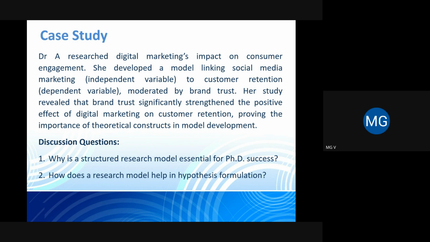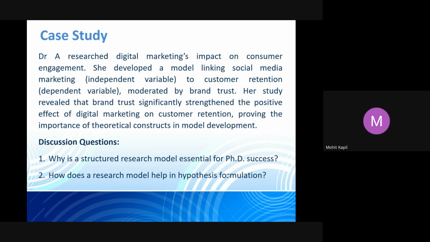Basically, a structured model ensures logical coherence, empirical rigor, and theoretical alignment, guiding the research process efficiently. Second question: how does a research model help in hypothesis formulation? How does it help in hypothesis formulation?